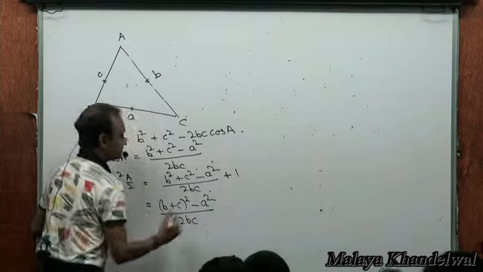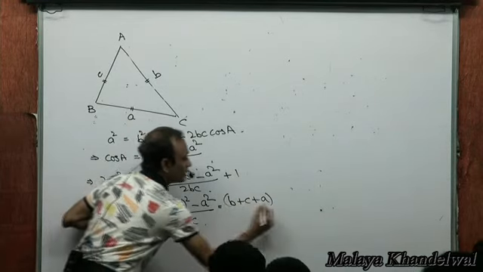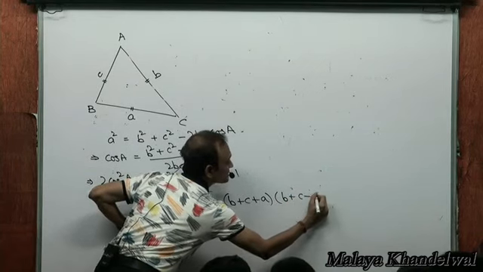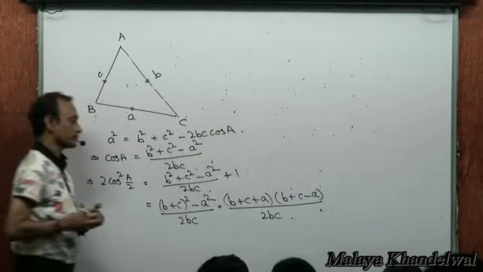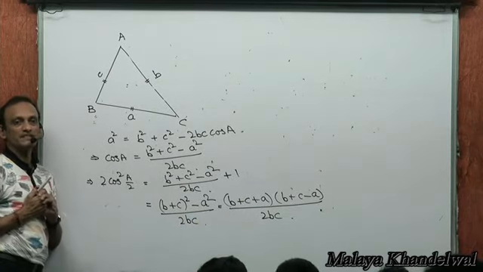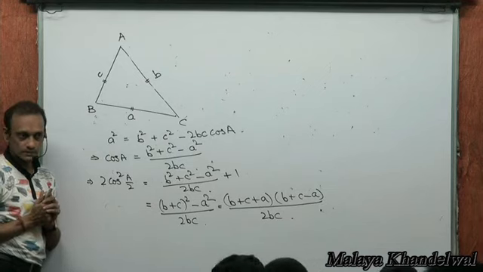Which is b plus c plus a into b plus c minus a divided by 2bc, right?